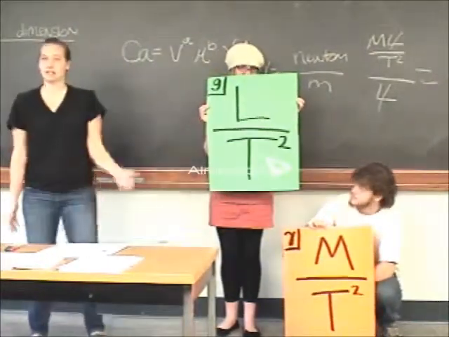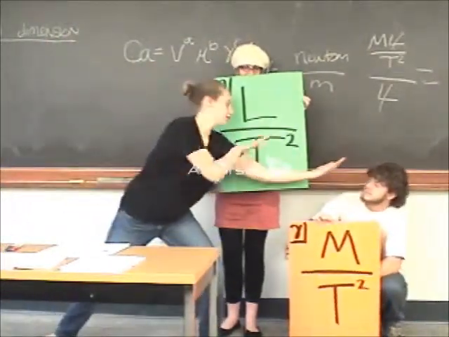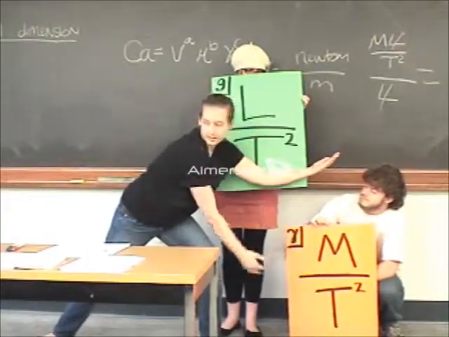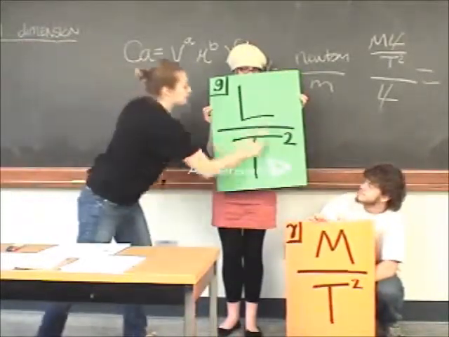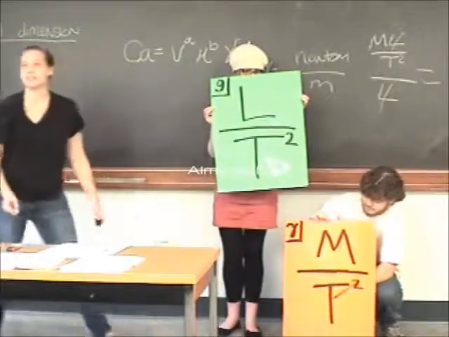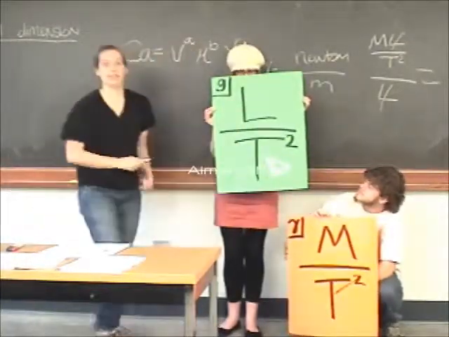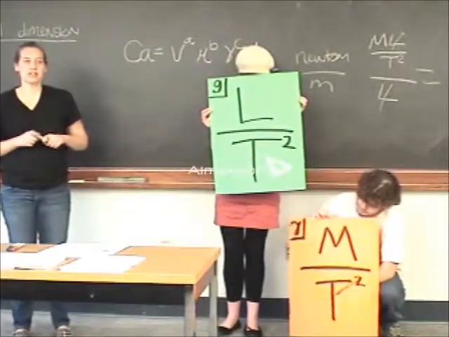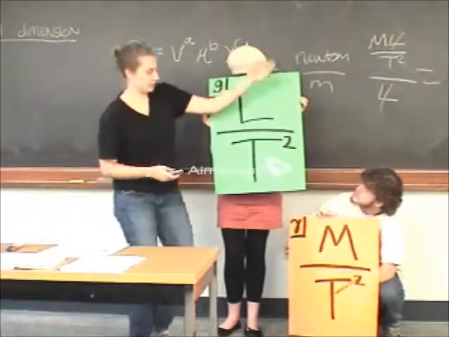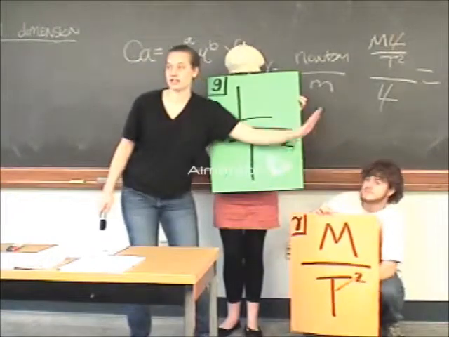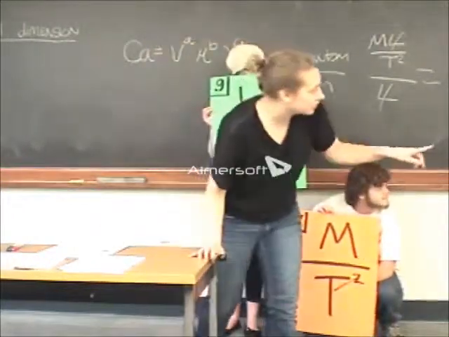Where we have a divide here, so we have t squared crossing out with our t squared down there. We'll make a mark of that, so that we know that we're done with that one, okay? So now, what do I have left on this that I have to get rid of? L over M, right? Does that make sense? So what's the next thing you guys want to bring over here?